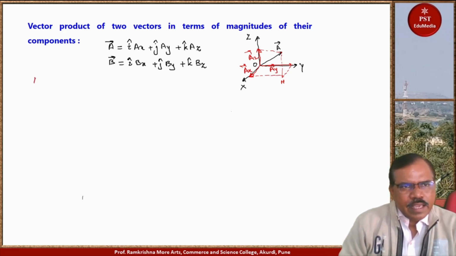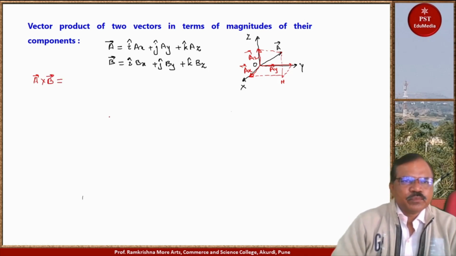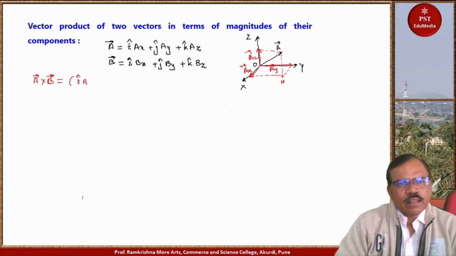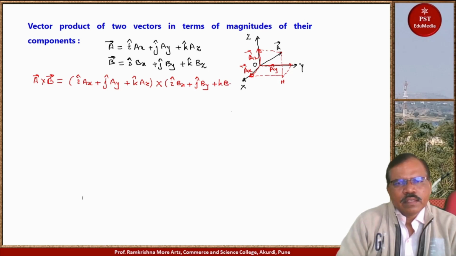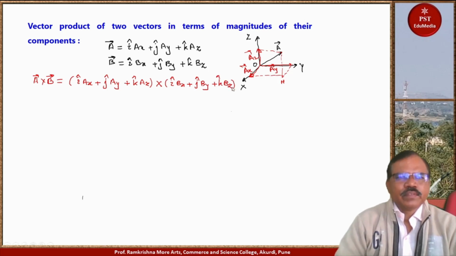Then we will take A cross B, the cross product of two vectors. Here I will write (I ax plus j ay plus k az) cross (I bx plus j by plus k bz), like this.